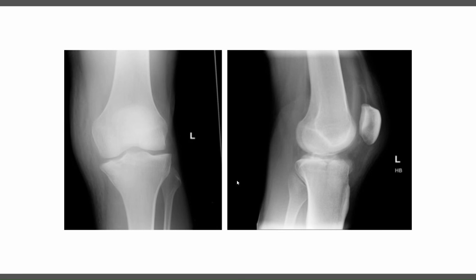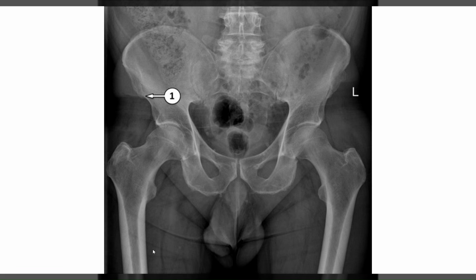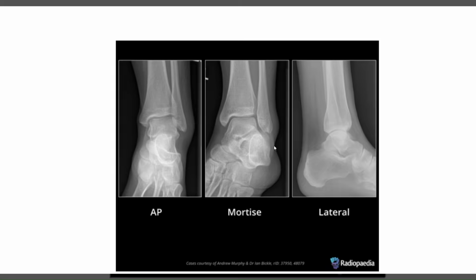Here's a knee. And there's a hip and a knee. What do we call this X-ray? Well, we call it by the bone that we're focusing on, which in this case is a femur. Here's a pelvis. You might be tempted to say this is hips, but since we're focusing on this pelvic bone, we're going to call this a pelvis.